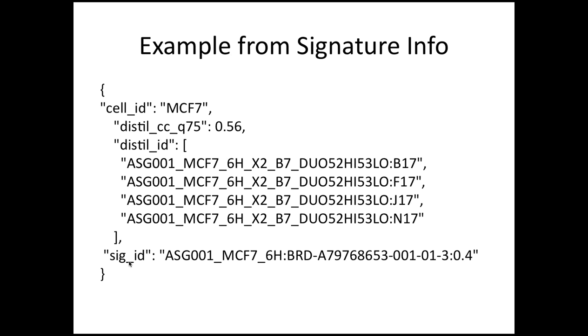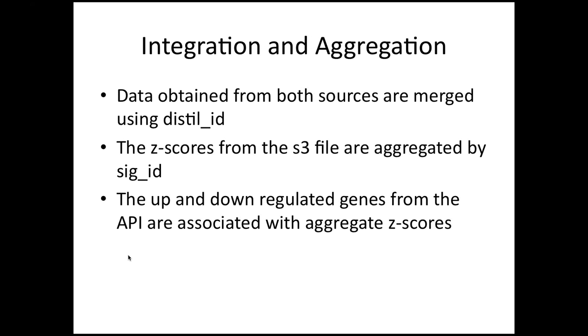So they give information in 2 different ways. They give the Z-scores at the sample level, and they give the metadata at the signature level. So we have to associate both to get the values for a signature, meaning the values of the genes expressed in the signature. To do that, we aggregate the information.